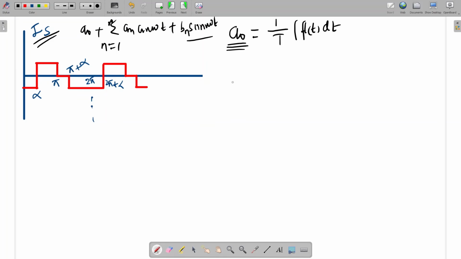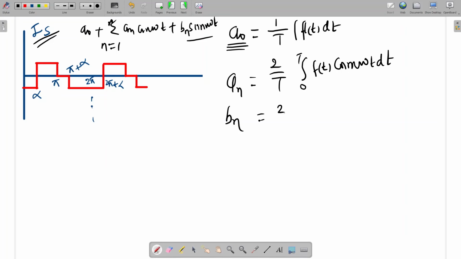The value of An we can calculate. So An is equal to 2 upon T, integral from 0 to T, f of t cos n omega t dt. This is only for the n value. What will be the Bn? Bn is equal to 2 by T, integral from 0 to T, f(t) sin n omega t dt.